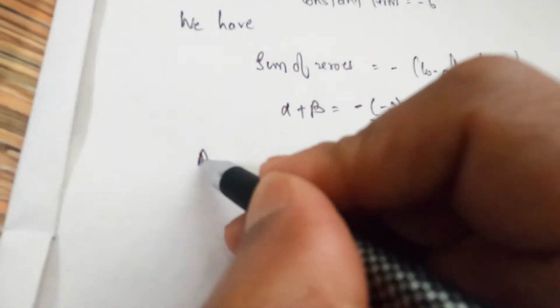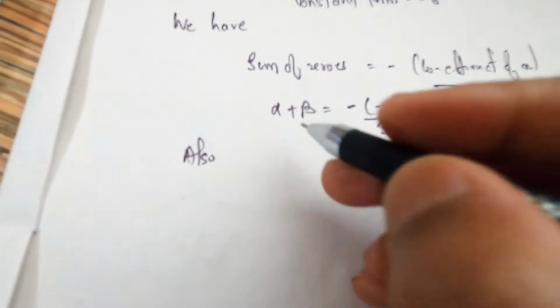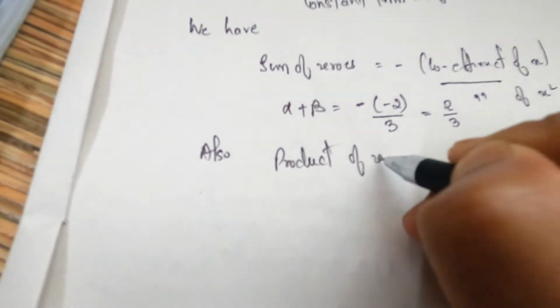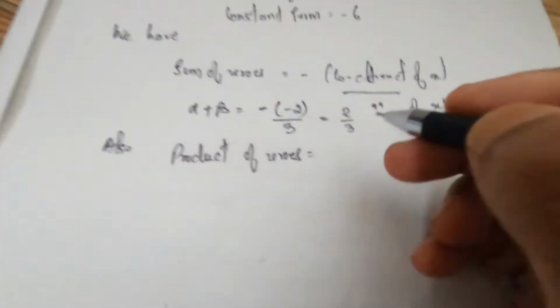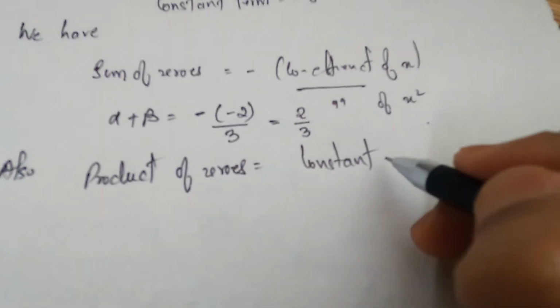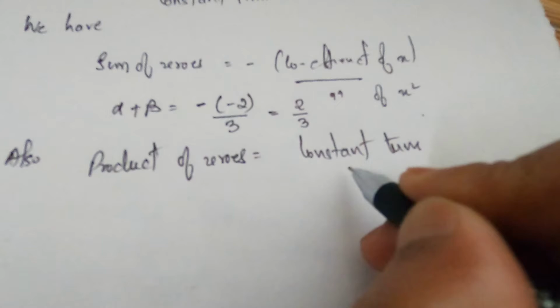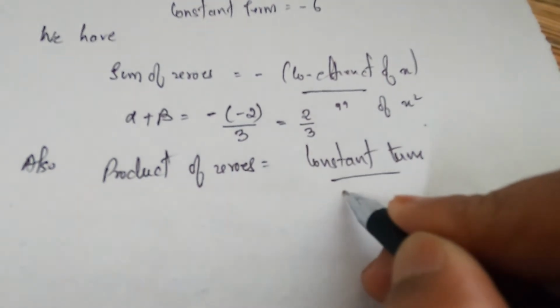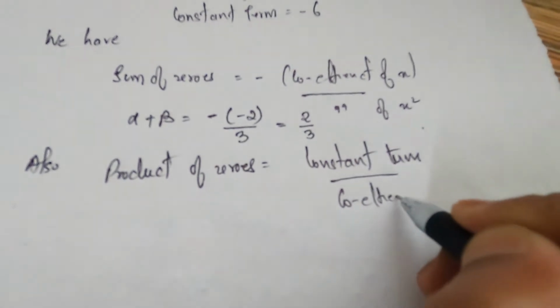Now also product of zeros is equal to constant term by coefficient of x square.